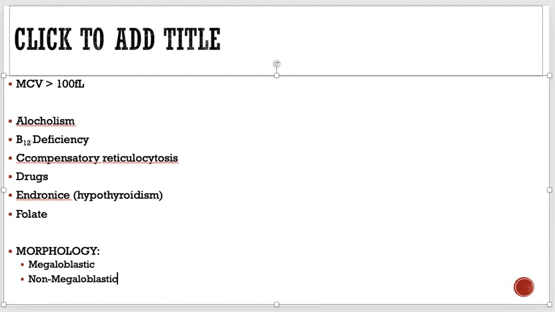Now, what is megaloblastic and non-megaloblastic? Simply, these are the changes which we can see in the cells. When the changes are there, we call it megaloblastic anemia. When the changes are not there, we say it is non-megaloblastic anemia. Of course the RBCs are larger in size because the MCV, the volume of the cells, is higher than normal.